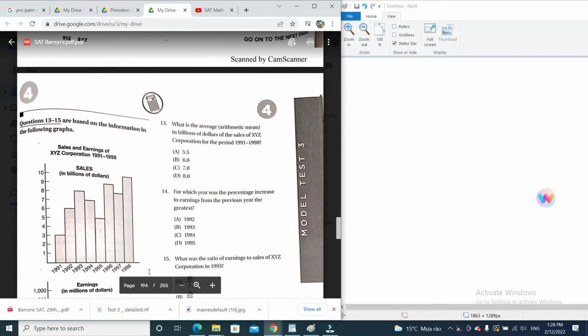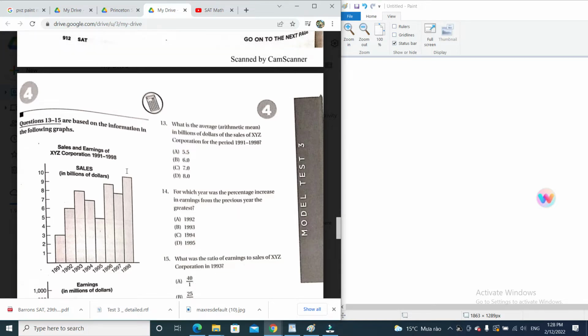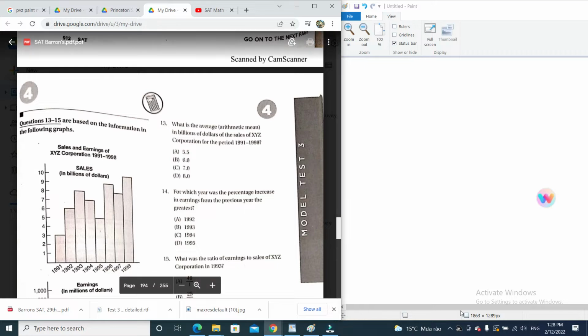For number 13, they asked about the arithmetic mean or the average, in $1 billion, of the sales of XYZ Corporation in the period they are giving us, from 1991 to 1998.